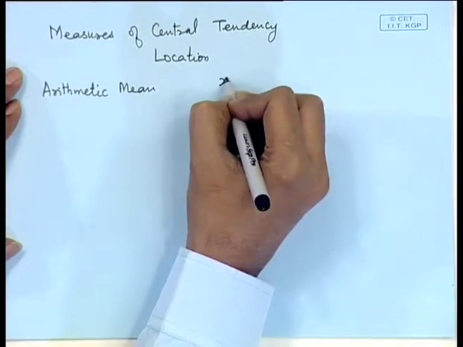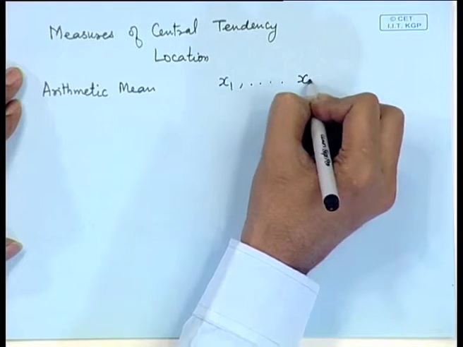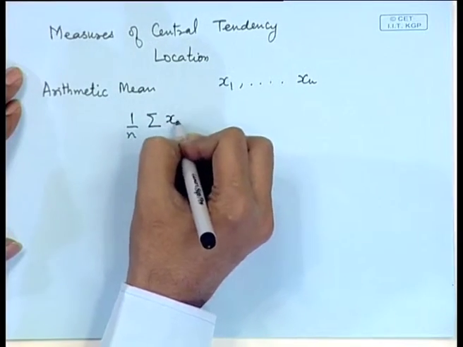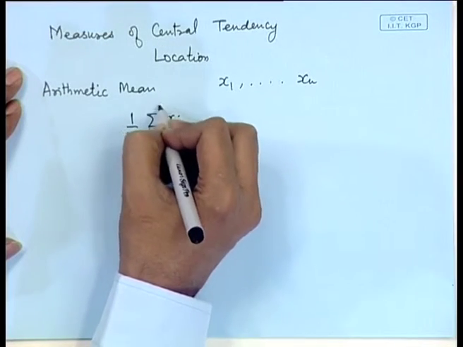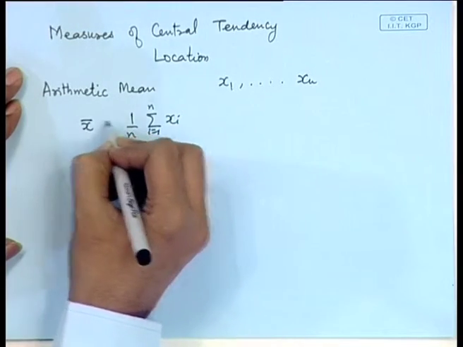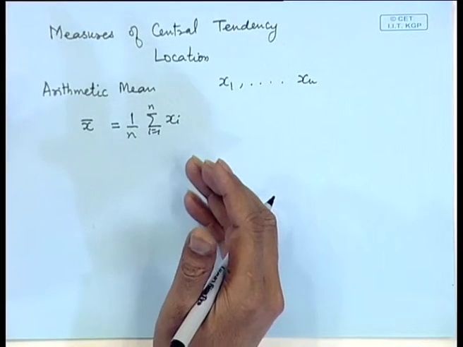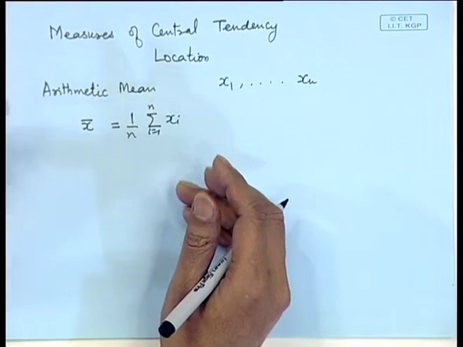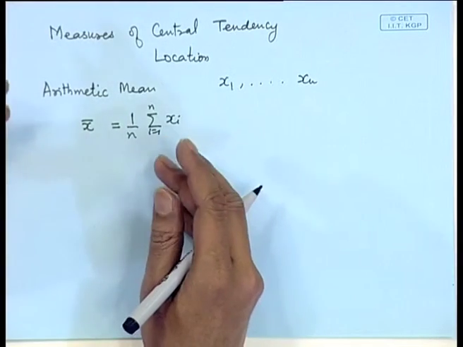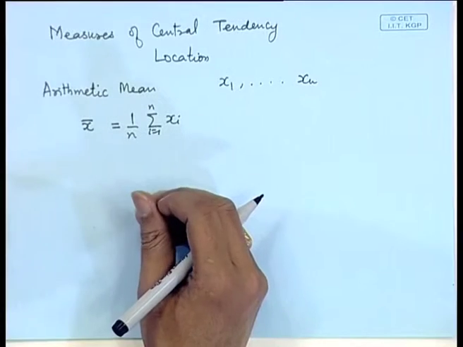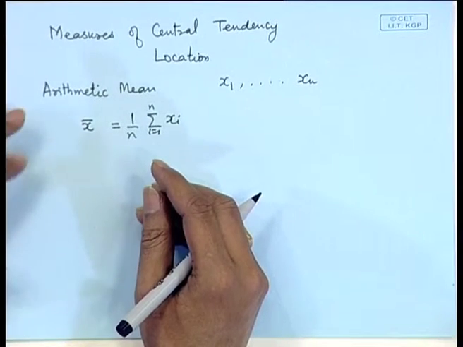If I have the values x 1, x 2, ..., x n, it is simply 1 by n sigma x i, i equal to 1 to n, let us call it x bar. That means, whatever observations are there, we simply take a plain average of them. This is known as the arithmetic mean, one of the most commonly used measures of location or central tendency.